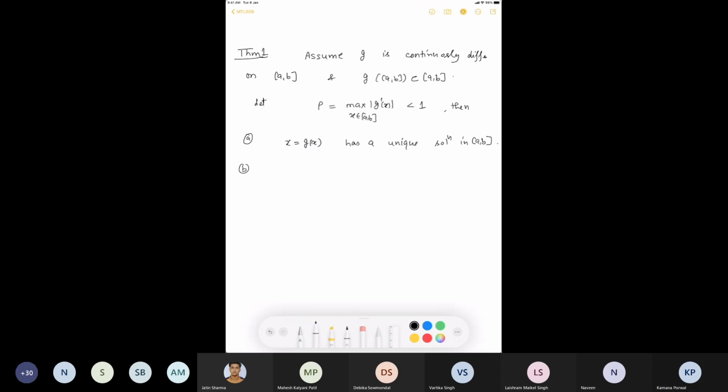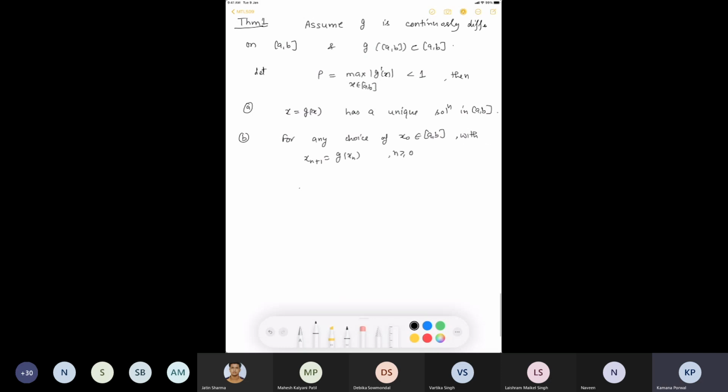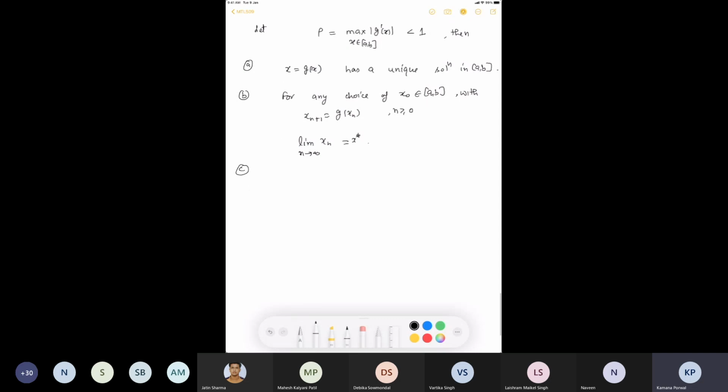Secondly, for any choice of x naught in this interval AB, if we generate the sequence of iterates using the fixed point iteration, then the sequence xn will converge to x star.